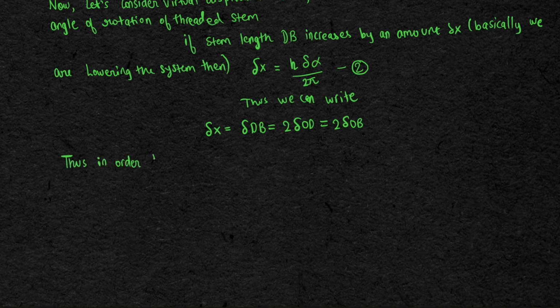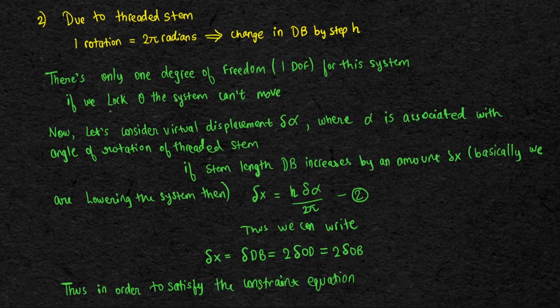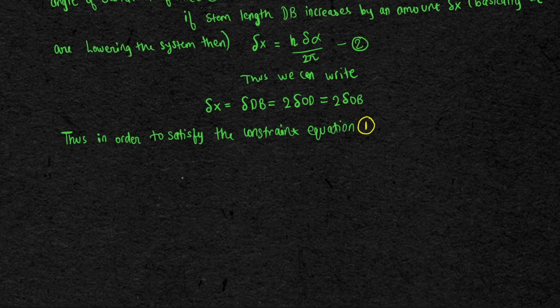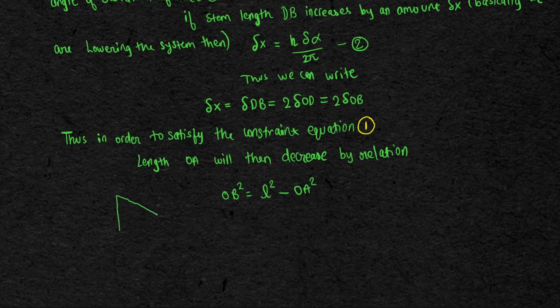Thus, in order to satisfy the constraint equation, which is given by equation 1, the length OA will then be decreased by the relation OB squared is equal to L squared minus OA squared, which can also be written as OA squared equals L squared minus OB squared. This is simply Pythagoras' theorem.